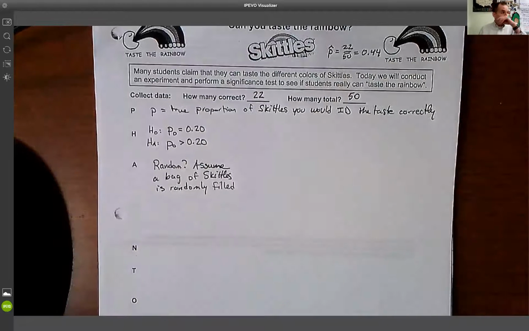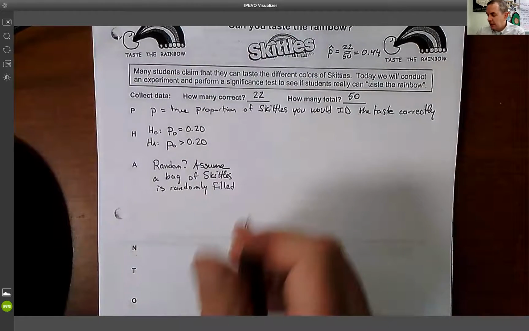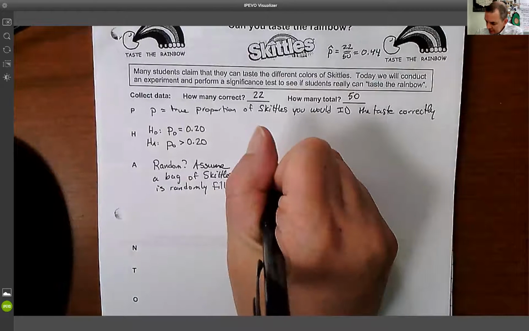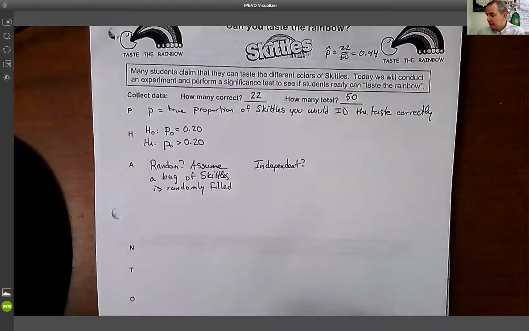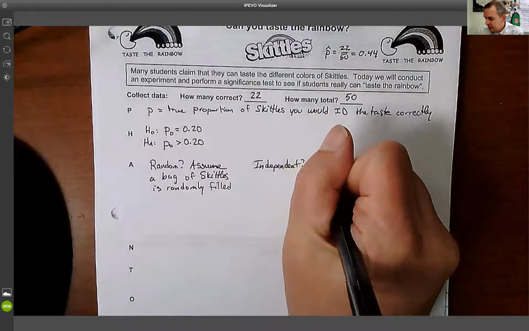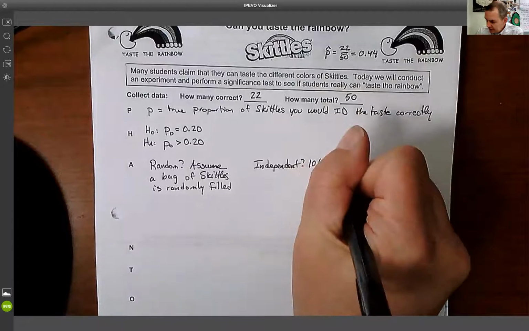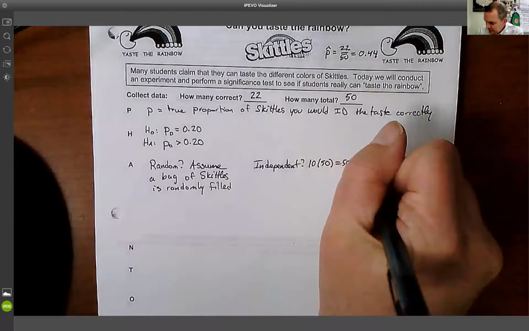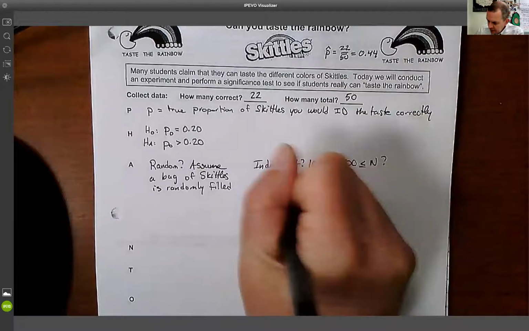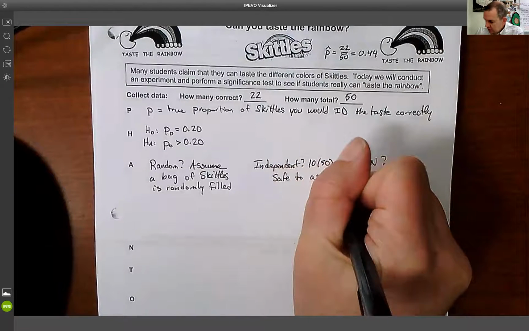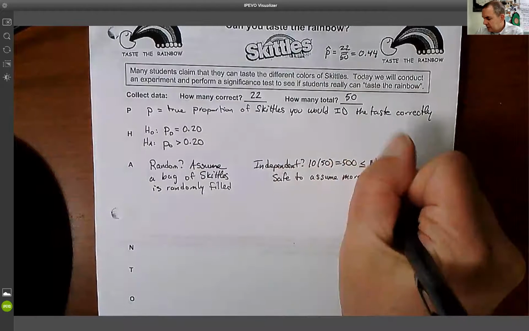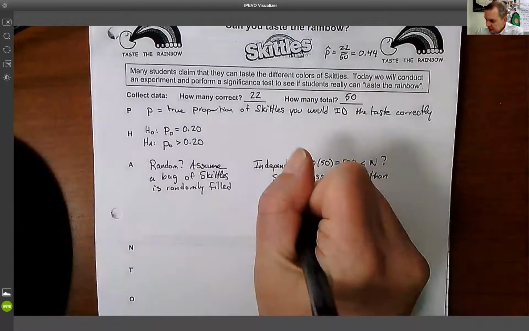Okay, so we're going to assume there's randomness to that. Independent. We're going to do the 10n check. So 10 times 50 is 500. We want to compare that to the population, and it's safe to assume there are more than 500 Skittles.